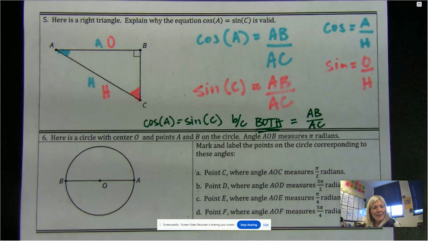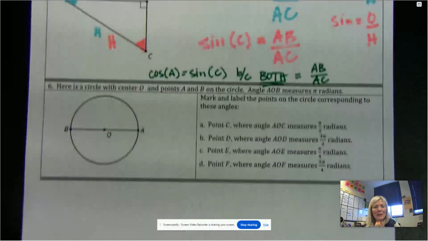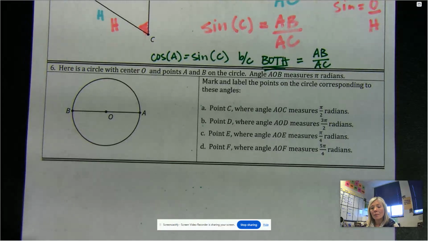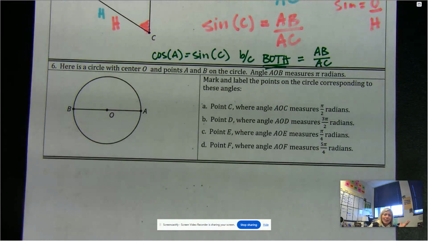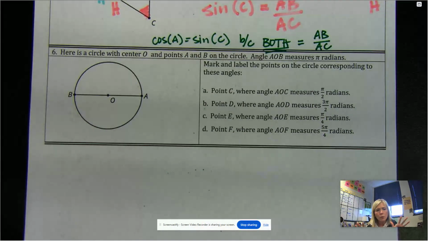All right. Okay, and then number 6. So number 6, you might not remember this as much from geometry because it was kind of at the end of the year, and probably some classes had more time to talk about radians than other classes. So a real quick thing about radians.